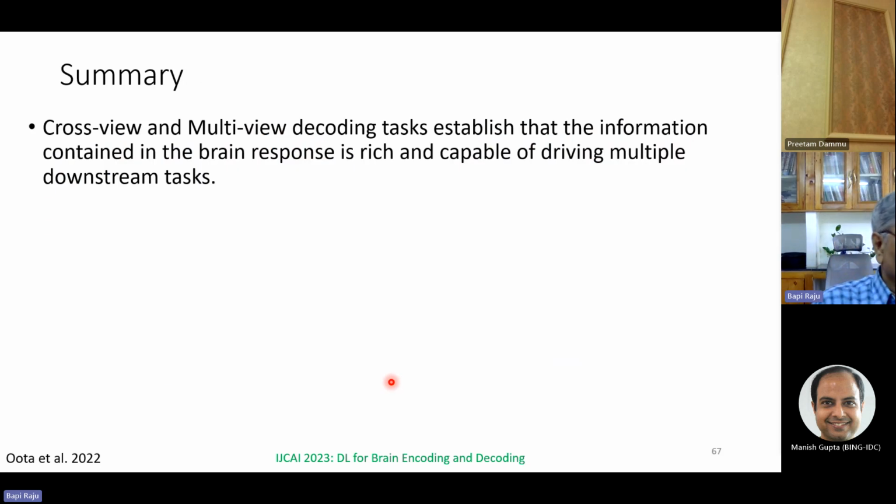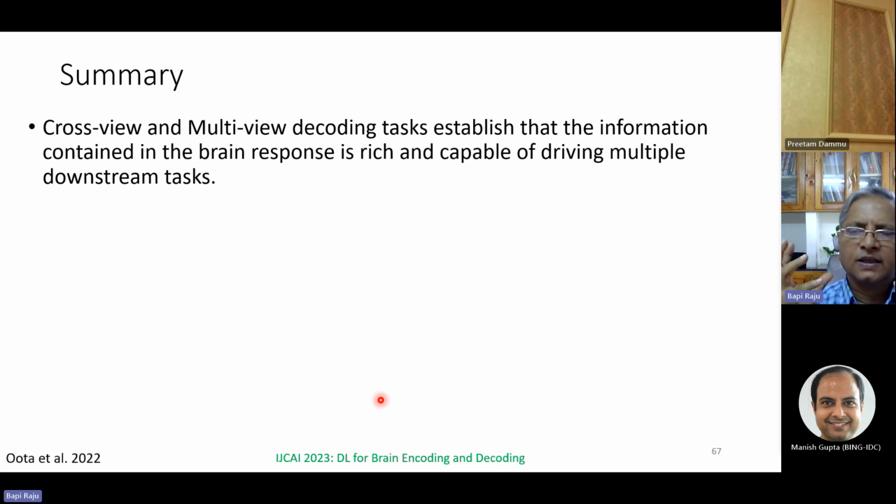The summary is that the cross-view and multi-view decoding tasks establish that the information in the brain responses is actually rich. This was our hypothesis, that the brain activation is much richer, and it is possible to put it into service for a variety of tasks.